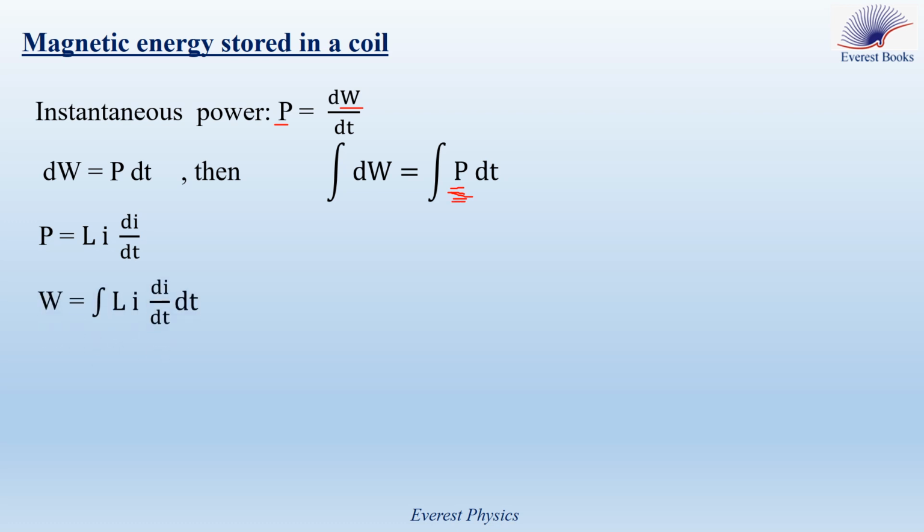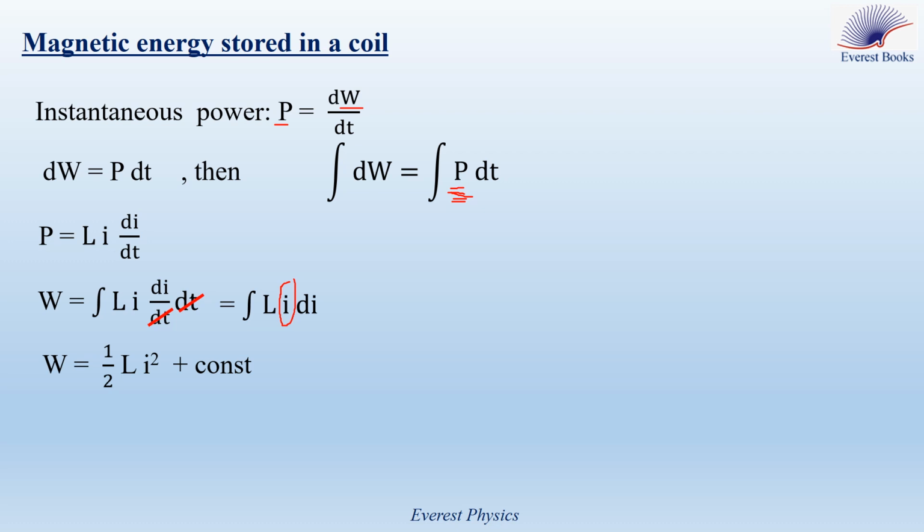This is going to be the antiderivative of Li di by dt times dt. dt cancels out. This is going to be the antiderivative of Li di. Now, L is constant, so it stays the same. The antiderivative of i with respect to i is equal to i squared over 2. So this is going to be W equal 1/2 Li squared plus constant.